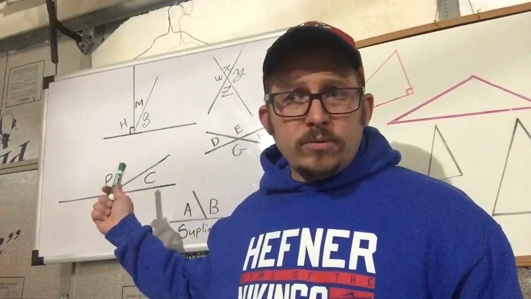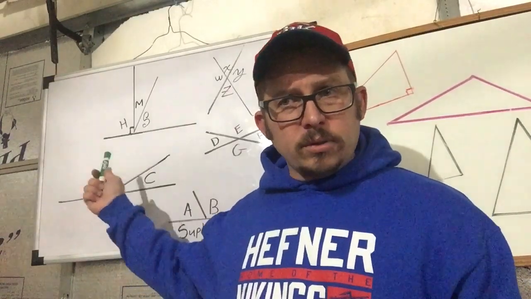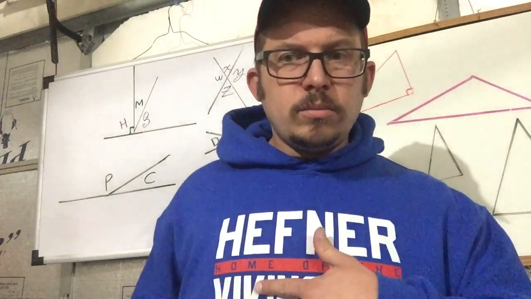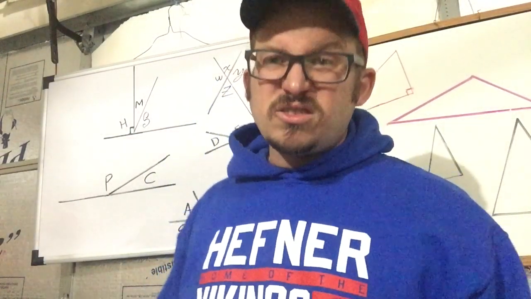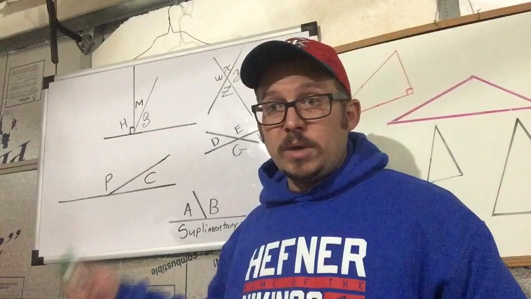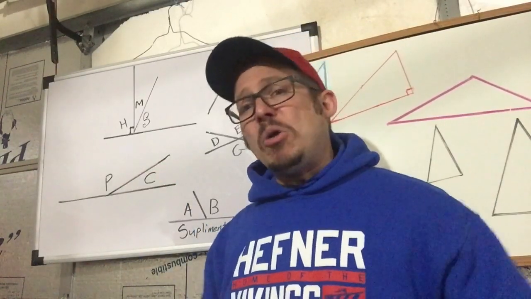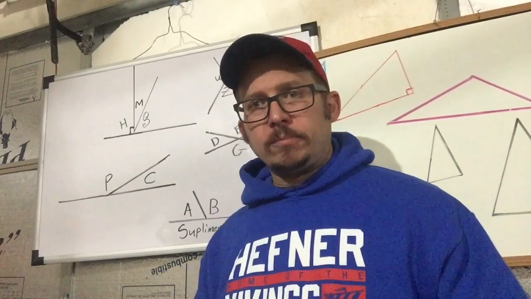What else have we got? We've got angles up here, H, M, and S. Hefner Middle School? Yes. So, H, M, and S. H has a little square in the corner. What does that mean? Why is there a square in the corner?